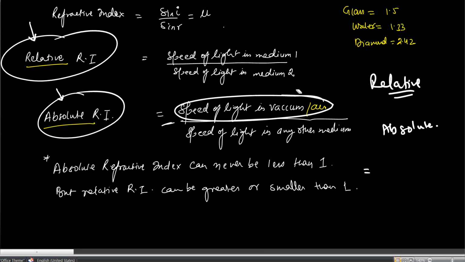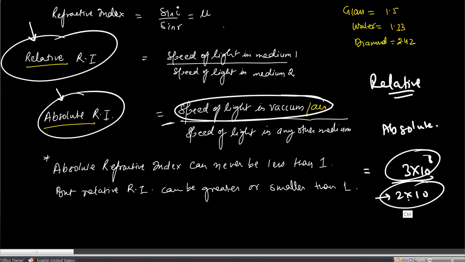That is the speed of light in air, 3 into 10 raised to the power 8 meters per second. The highest speed of light is in vacuum, so whatever value is in the denominator will always be lesser than the numerator.